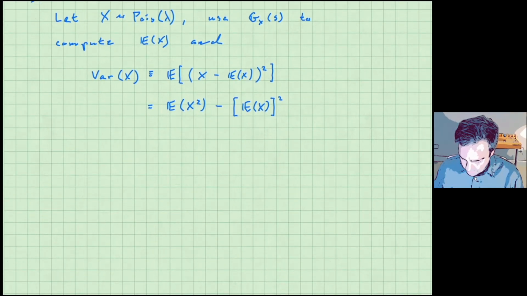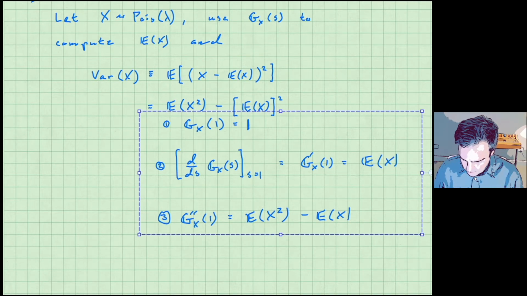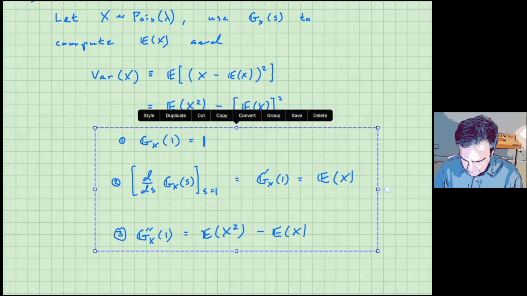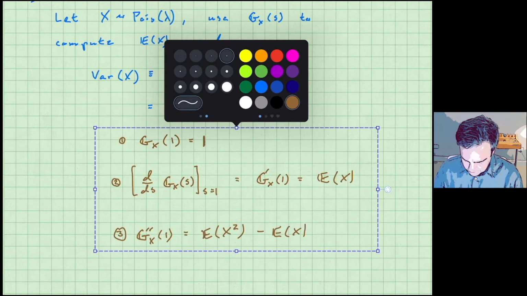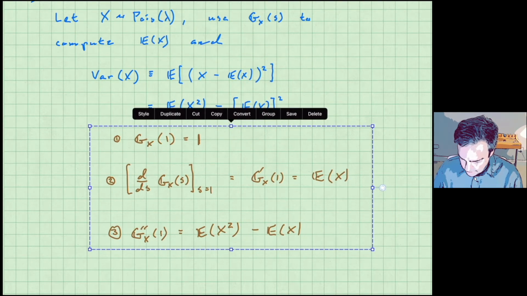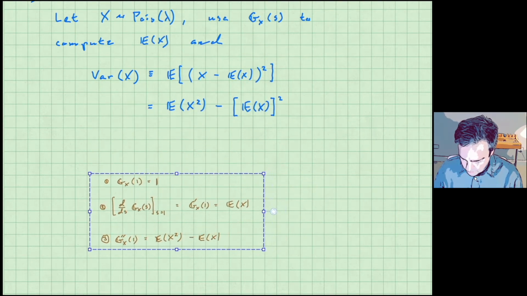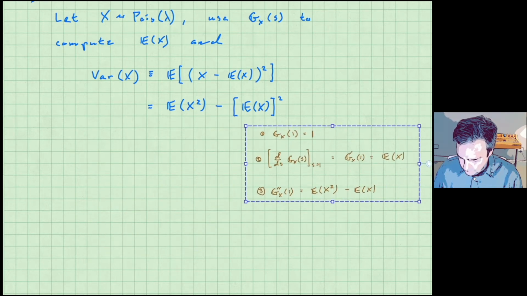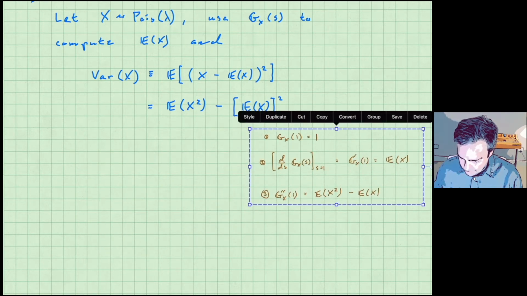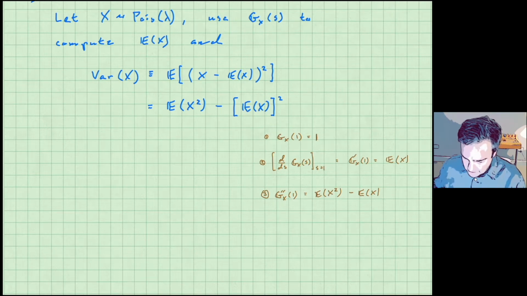So I'm going to put this over here on the side because it should be old news by now. I guess we can change its color to remind us that it's been stolen from somewhere and make it a little small. So we're going to use this proposition from last time, right? And so it has three parts.